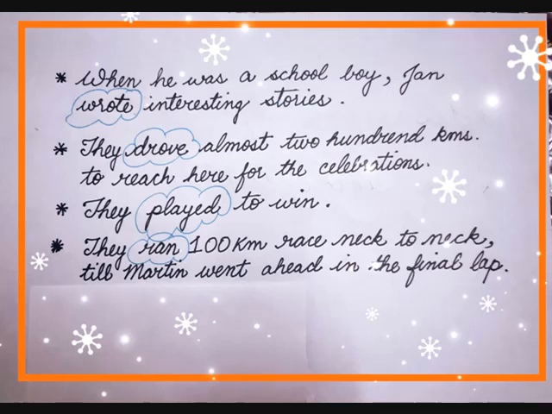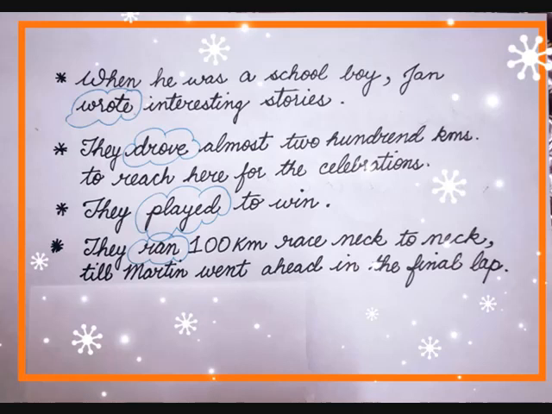See on your screen, children, a few examples of verbs are given there. The first one: when he was a schoolboy, Jan wrote interesting stories. They drove almost 200 kilometers to reach here for the celebrations. They played to win.